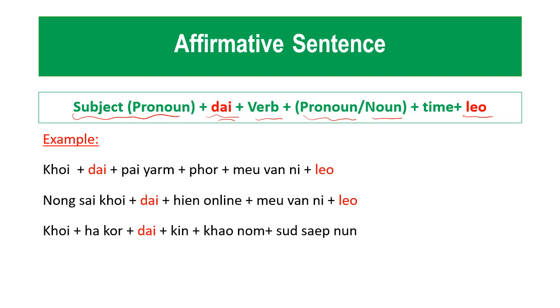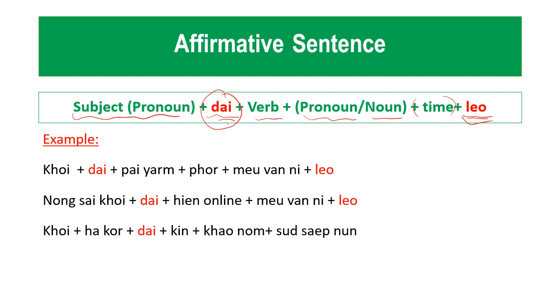You could add the time as an optional part to indicate the timing for the situation. And this word is read lao. Lao means completed or finished. So dai means got, to have, to get. So you get and complete. These are the two words that indicate the sentence for past tense.